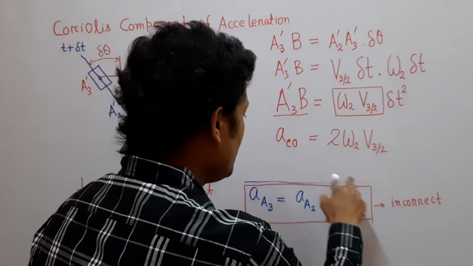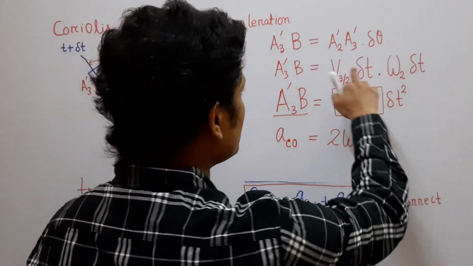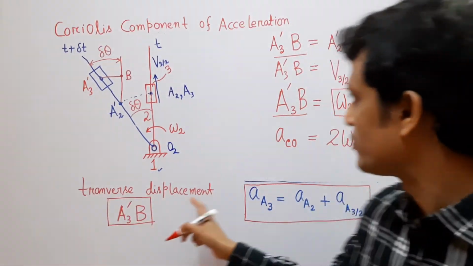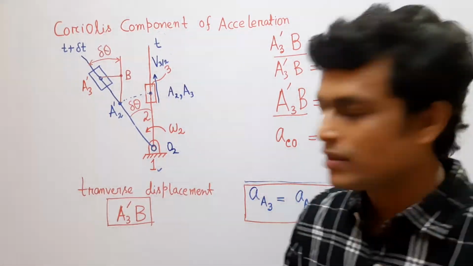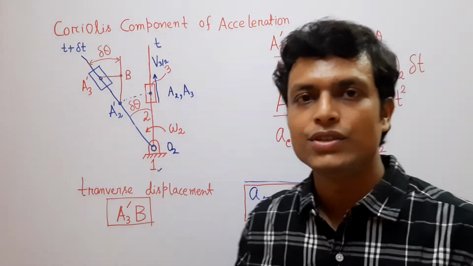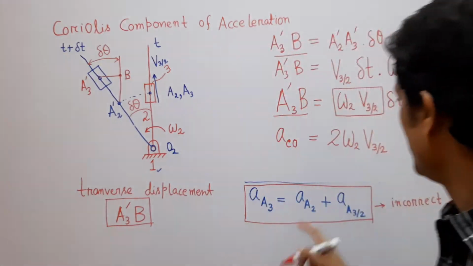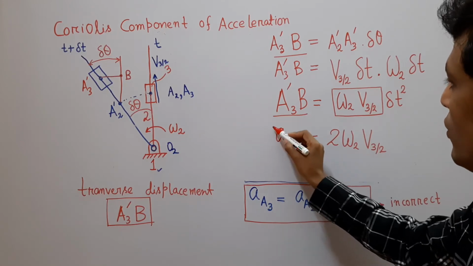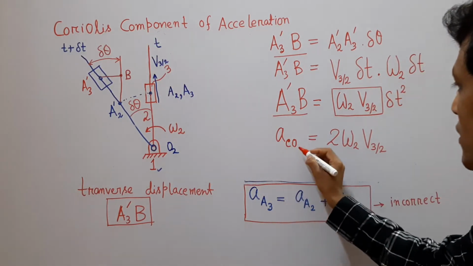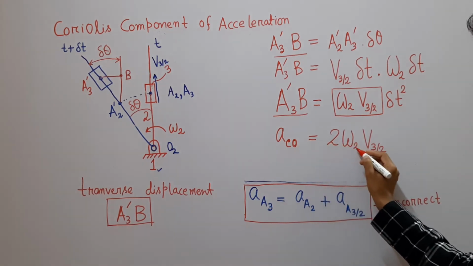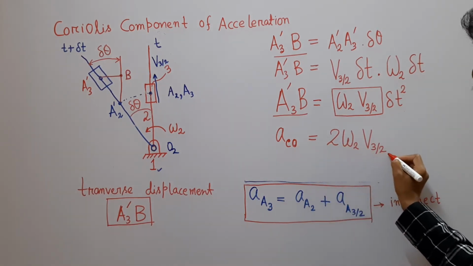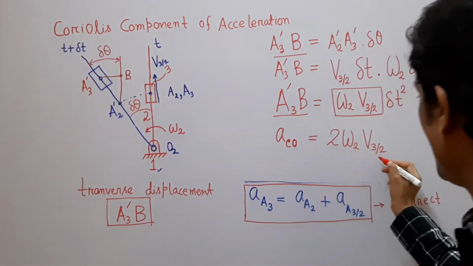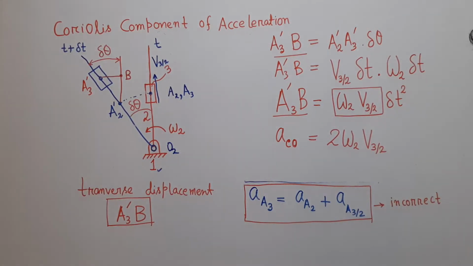That's why this was incorrect, as we have not considered this transverse displacement which has been missed by an observer sitting on link 2. This component is known as the Coriolis component of acceleration, whose value ACO is 2 into omega 2 into V3/2. Omega 2 is the angular speed of link 2 and V3/2 is the sliding velocity.